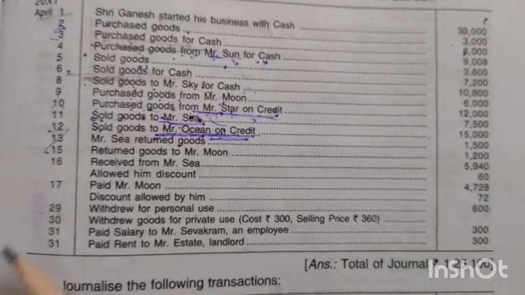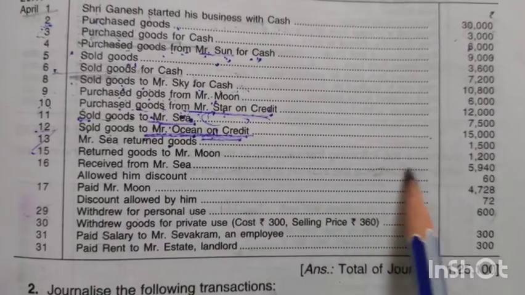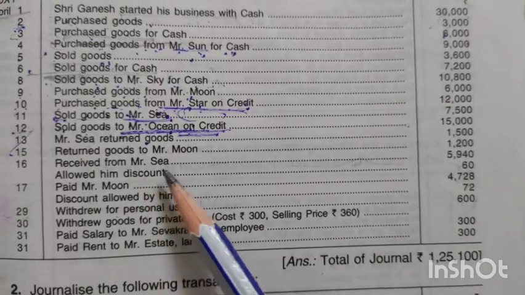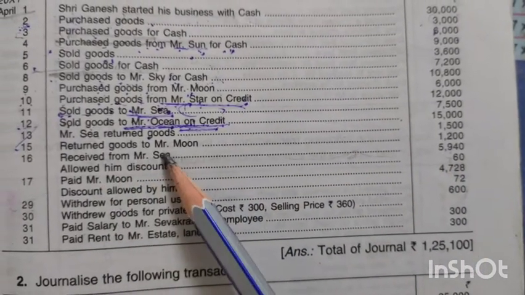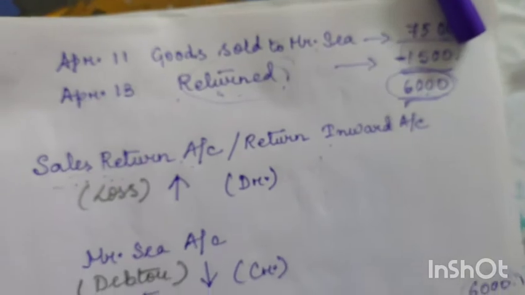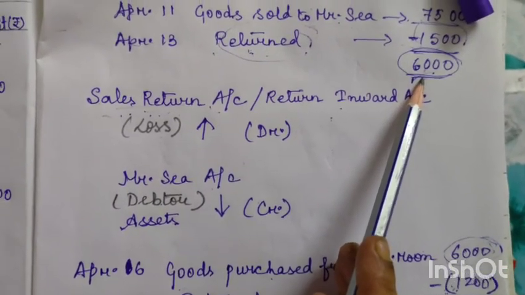Now coming to the next journal entry, that is on April 16, received from Mr. C 5,940, allowed him discount 60 rupees. So as I told you, Mr. C was our debtor. Okay, now if you go back to the transaction, after return of goods, as you can see, he was supposed to pay 6,000, right?